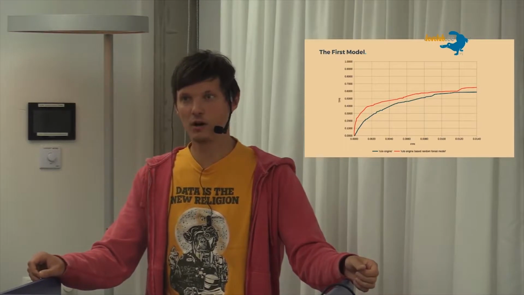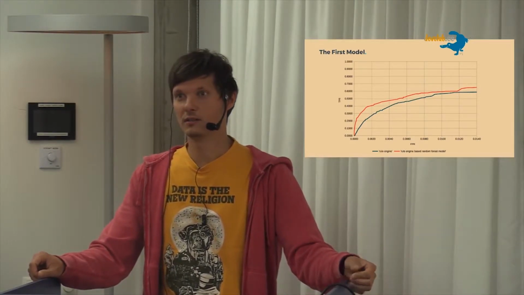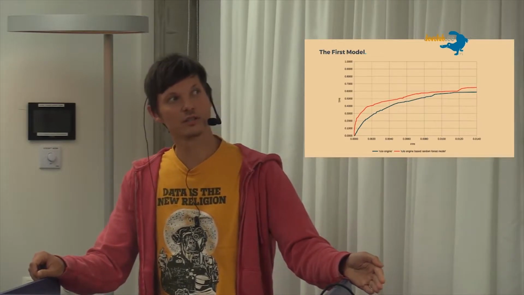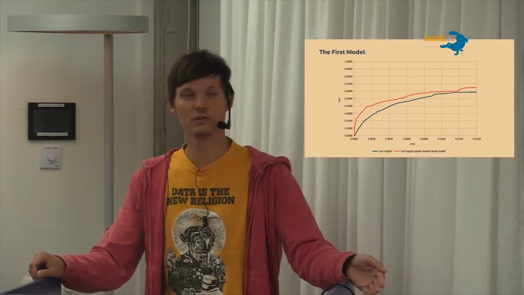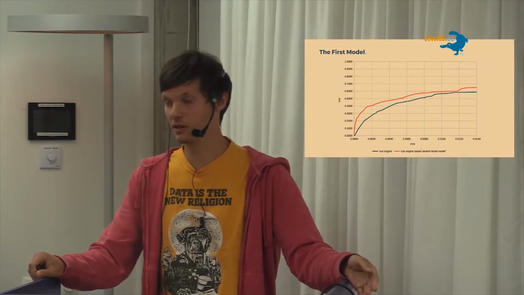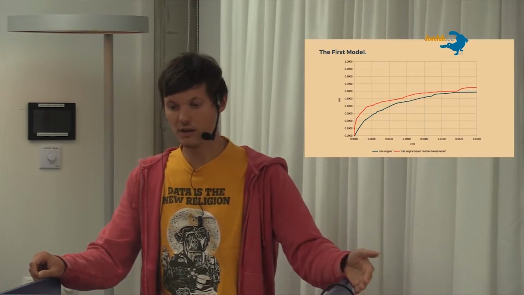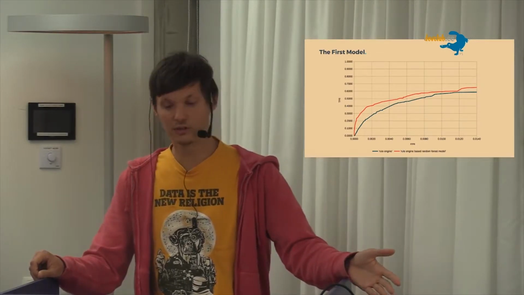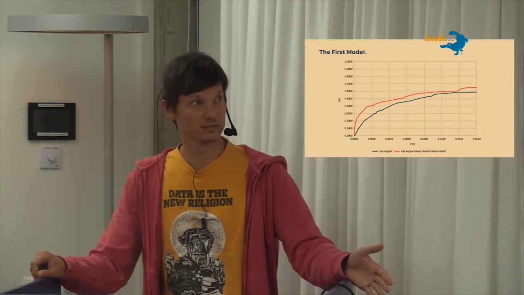We tried to think about how we could optimize that, and came up with the idea that we just treat our rules as features of a machine learning algorithm. And we trained a random forest on top of it, and since then we have never regretted that.